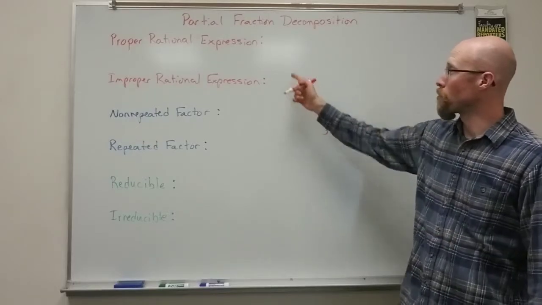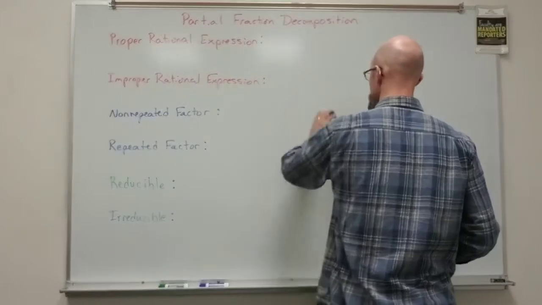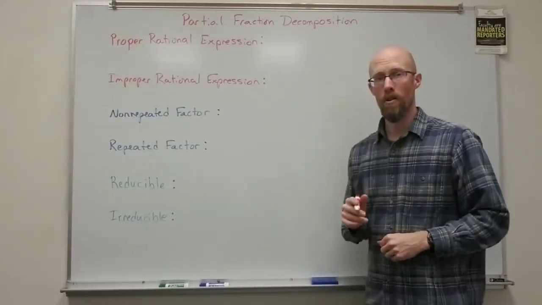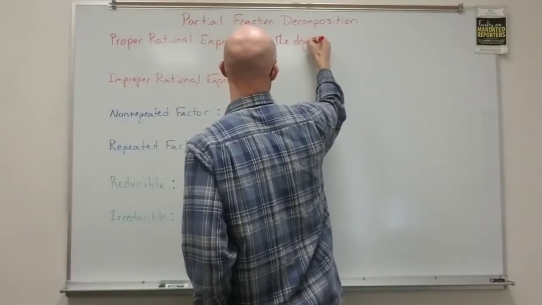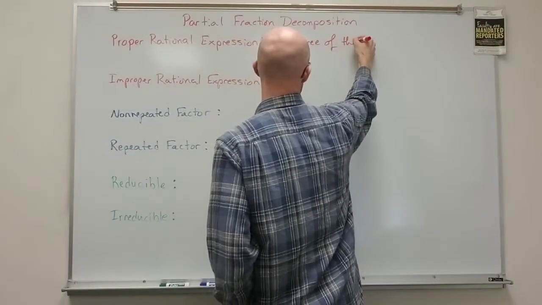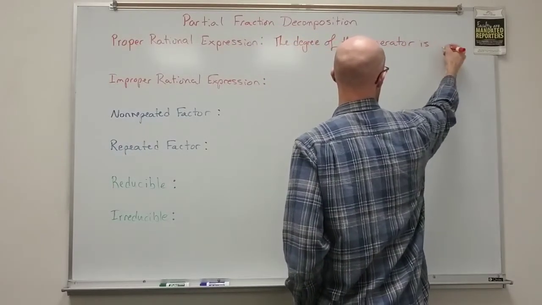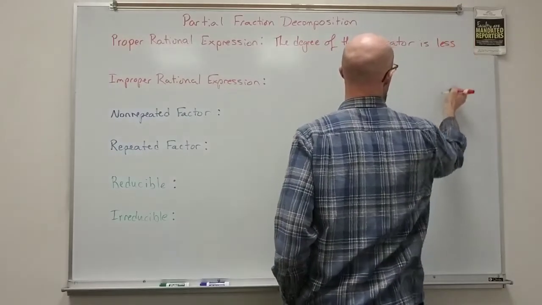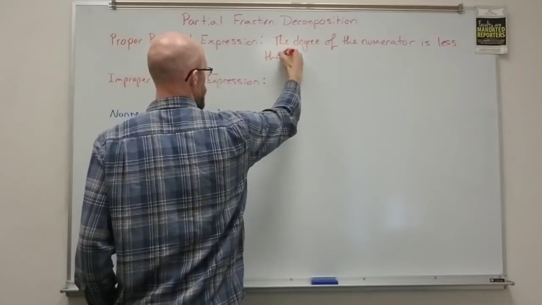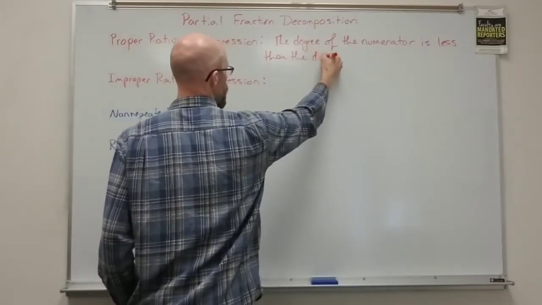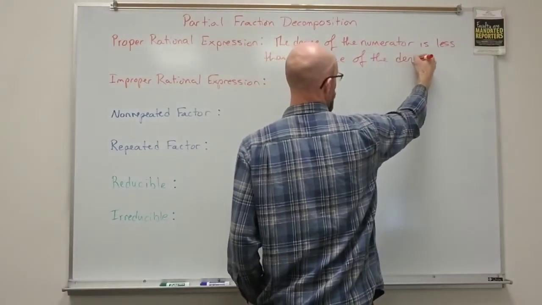In a similar way, a proper rational expression is one in which the degree of the numerator, that's the top, is less than the degree of the denominator.